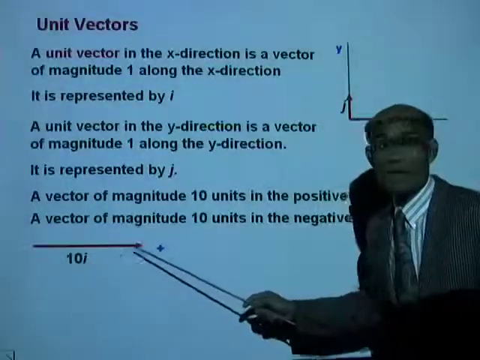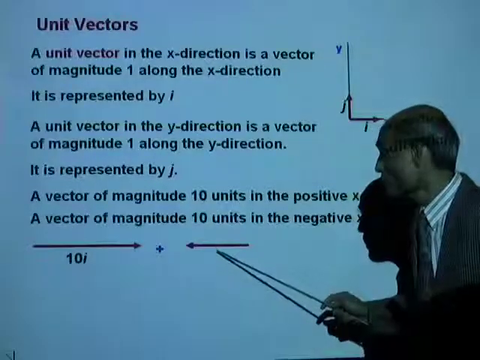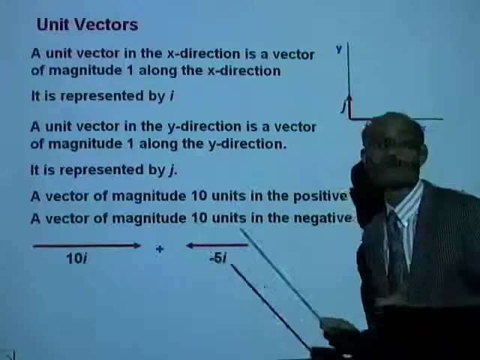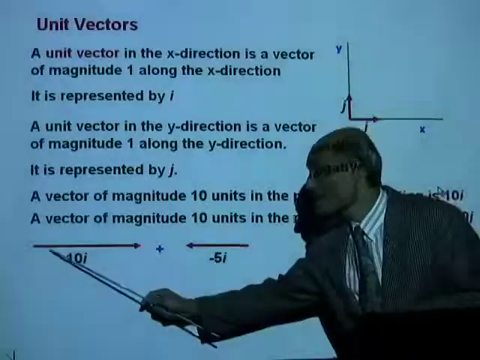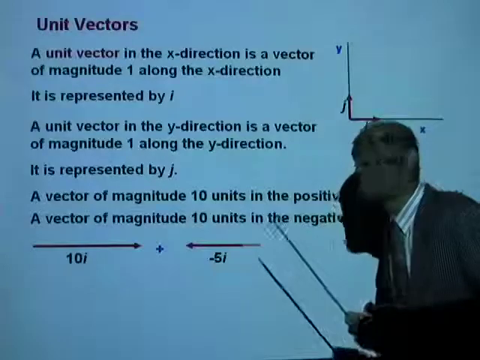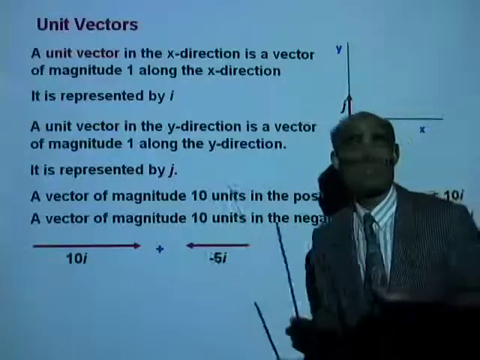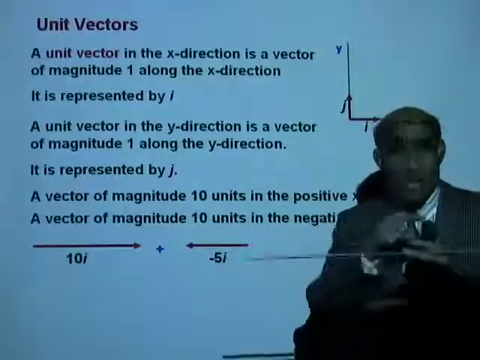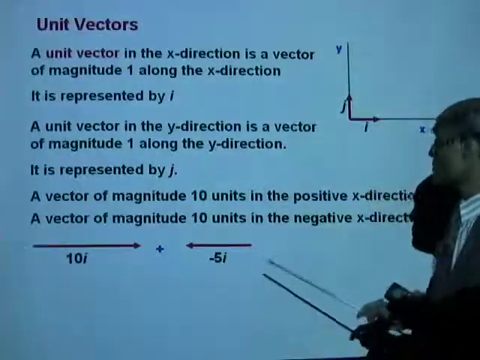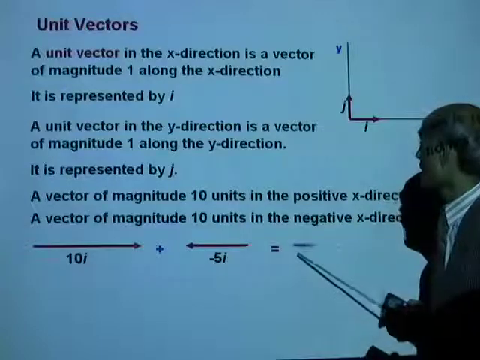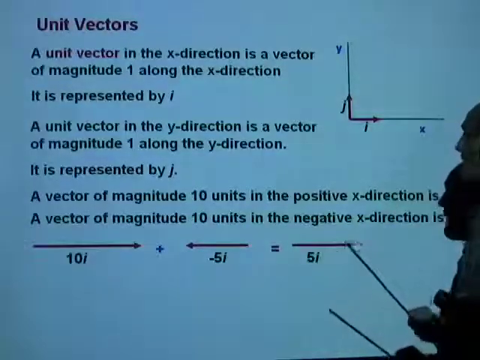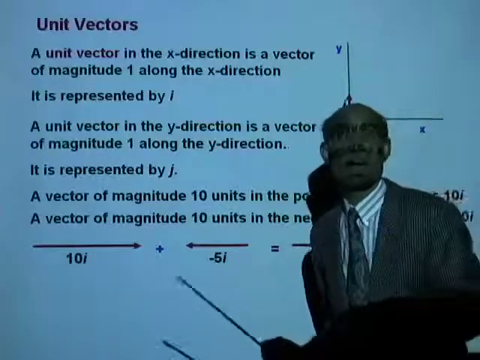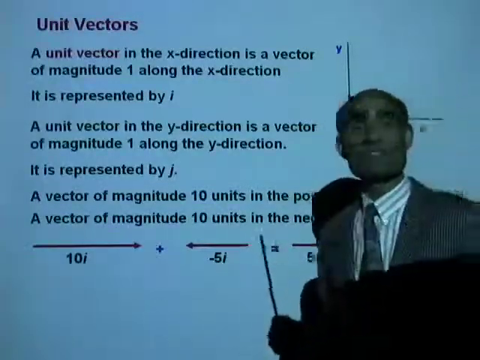So 10i added to negative 5i. What is the sum of these two vectors? It's very simple to add because their directions are along the x-axis. This will give you a positive 5i. 10i added to negative 5i is positive 5i.